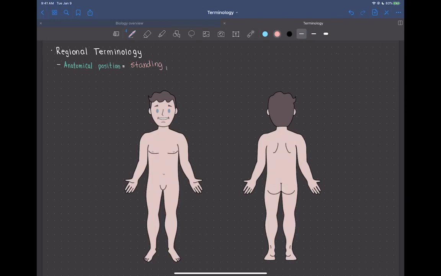They have their arms down at their sides. They're facing forward, just like this guy here. And then your palms are forward, and your feet are forward. That is anatomical position.